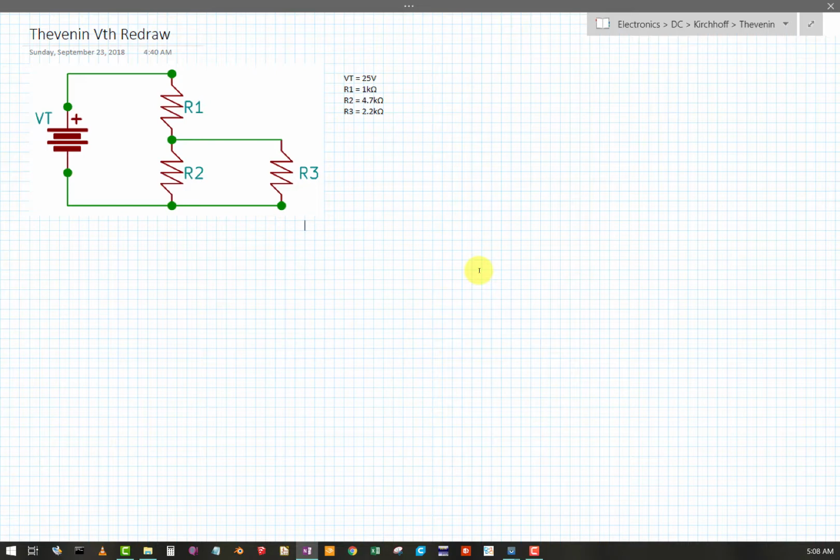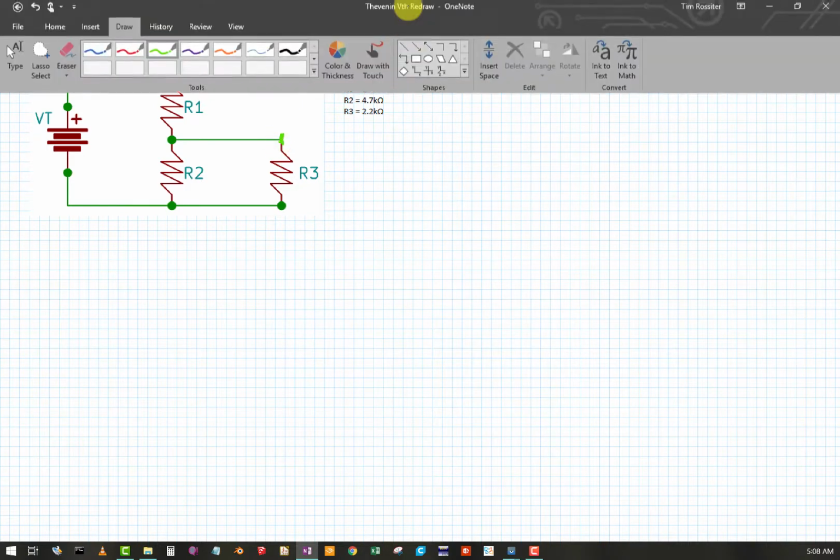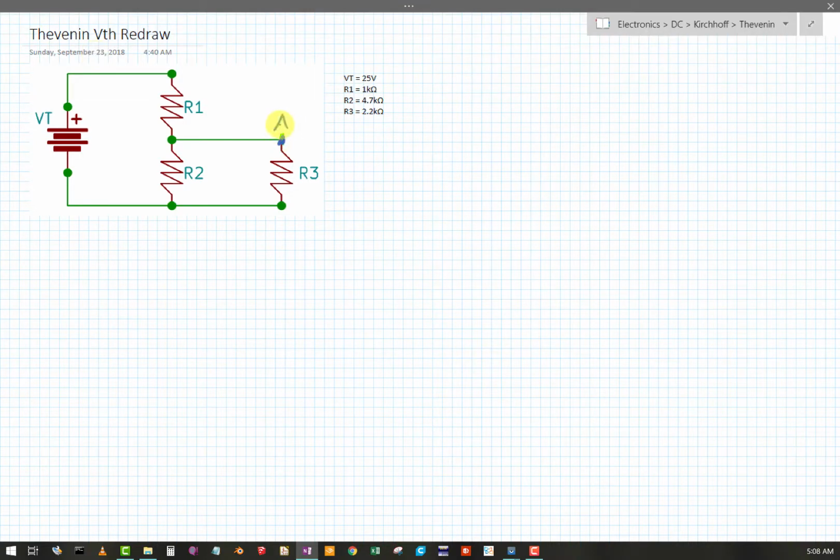So now Vthevenin, basically we want to find, if I've got my A and my B defined, where R3 connects to the original circuit, what is the most voltage that I could ever see between points A and B. So if I took R3 out of the circuit and had my original circuit with 25 volts applied and 1K here and 4.7K here, okay, so now I remove that load completely.